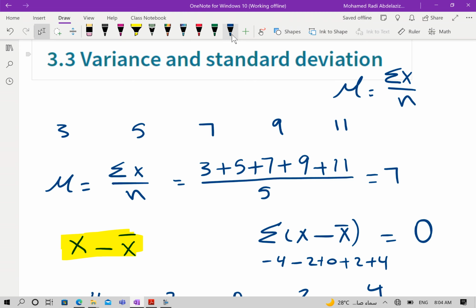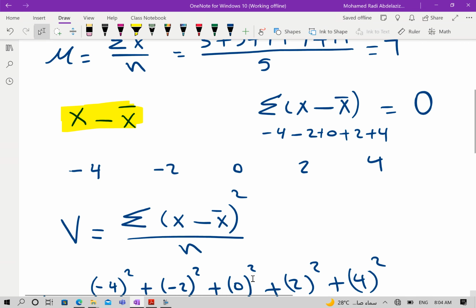Find mu, the sum divided by their number. Then find x minus x bar, or x minus mu. Subtract 3 minus 7, 5 minus 7, 7 minus 7, 9 minus 7, 11 minus 7. These values represent x minus x bar. If you add them, you will get 0.